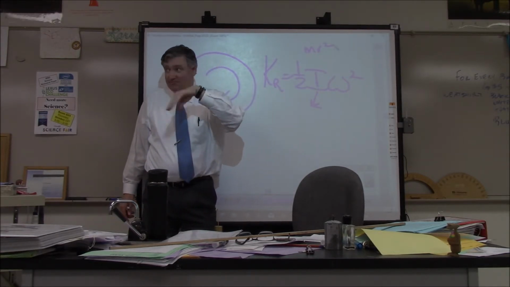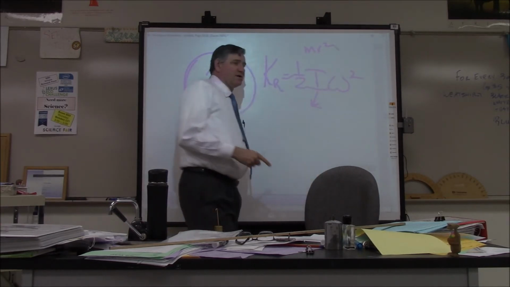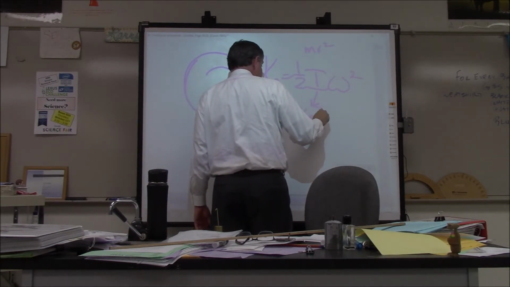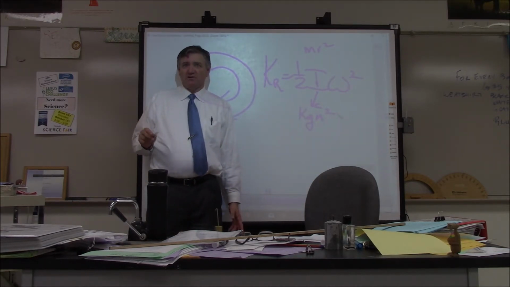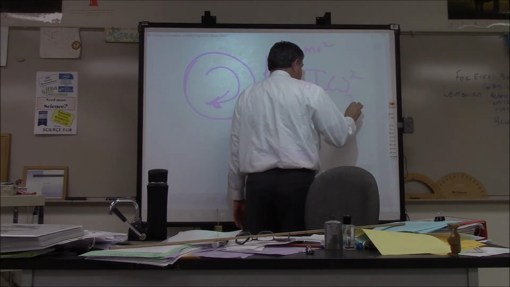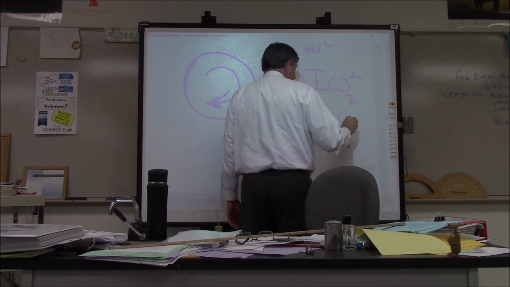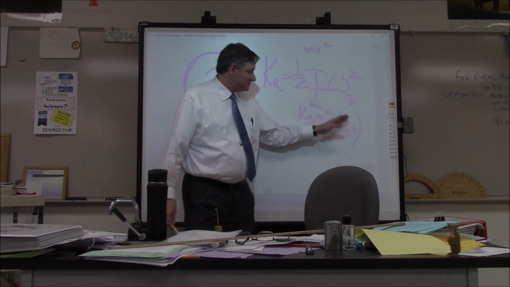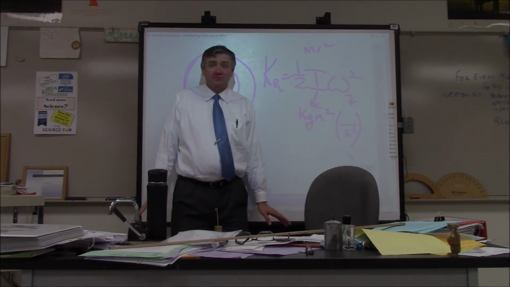You're going to have to revisit that on today's assignment. So when I multiply mass times radius squared, I get units of kilograms meters squared. Now, what units is omega measured in? It's going to get squared, so we get rad squared, which we don't worry about, over second squared. So we get kilograms meters squared over second squared, otherwise known as joules, right?